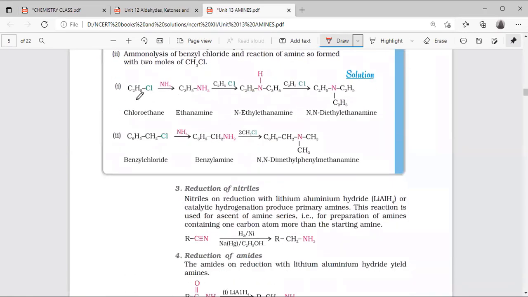Okay, ethyl chloride ammonolysis, I am taking NH3. Then one of the alkyl groups substitutes on hydrogen, then second time substituting, then third time substituting, like this. Then benzyl chloride reacting with NH3, same.